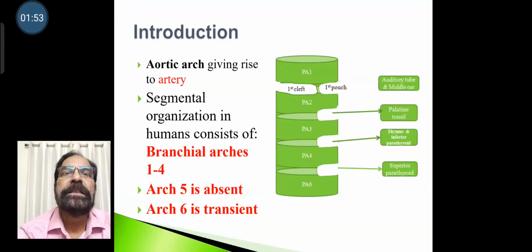Aortic arch gives rise to artery for each branchial arch. In segmental organization, humans consist of 1 to 4 branchial arches. Arch 5 is absent and arch 6 is transient.